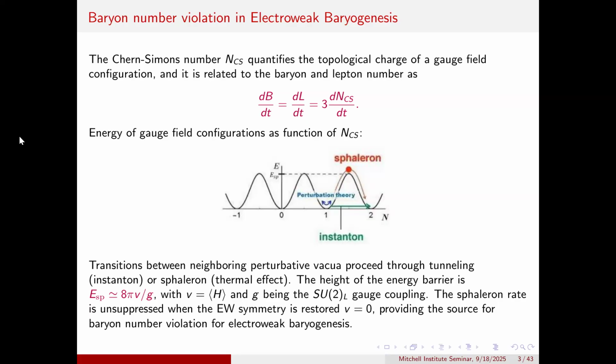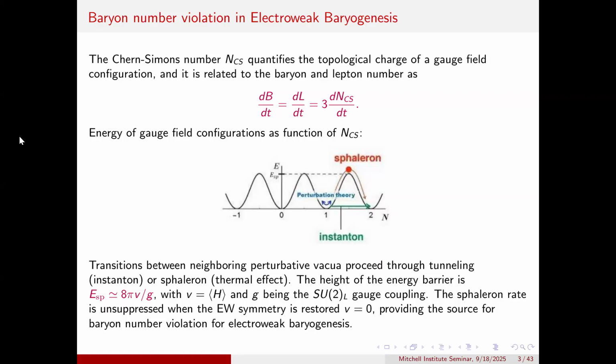The other possibility is to tunnel through the barrier, and this is called the instanton. For baryogenesis, we are interested in the sphaleron process, and the rate of the sphaleron is related to the energy barrier, which is proportional to the vev of the Higgs, as SU(2) is spontaneously broken.